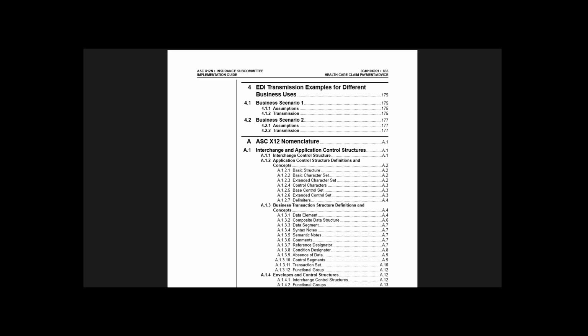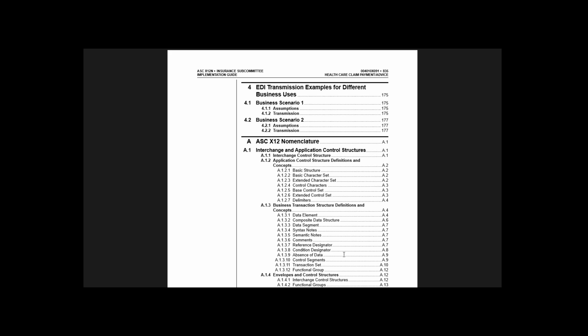The reason why I use the term 800 transaction is because most of the transactions in healthcare start with the 800 series. So for all the EDI transactions in healthcare, the trading partner agreement is very important. It says that you agree to the terms and conditions, and both the parties have to come to an agreement on the terms and conditions for the transactions that they are going to establish.